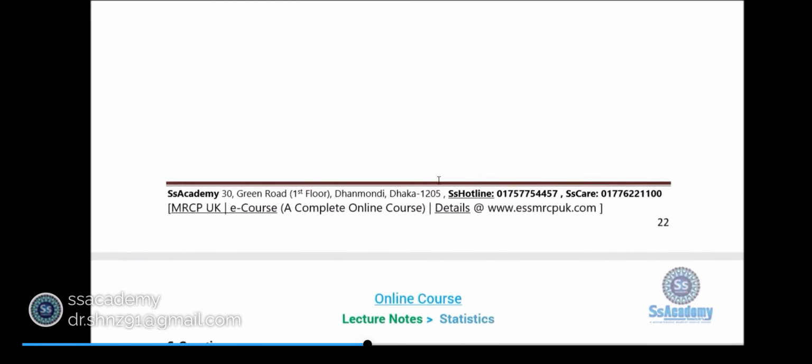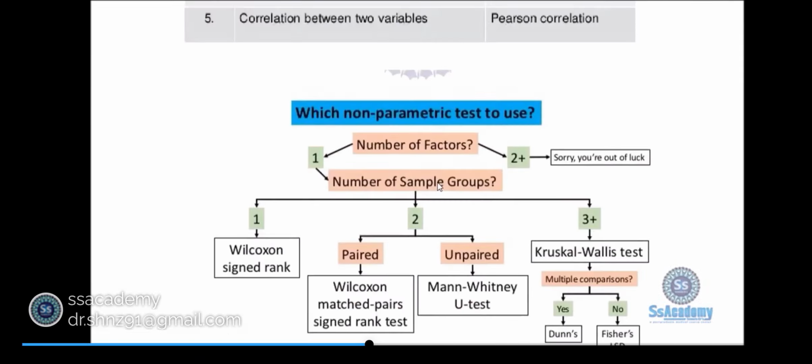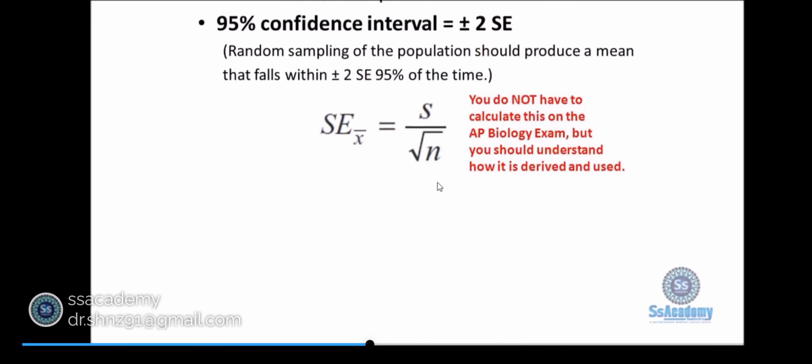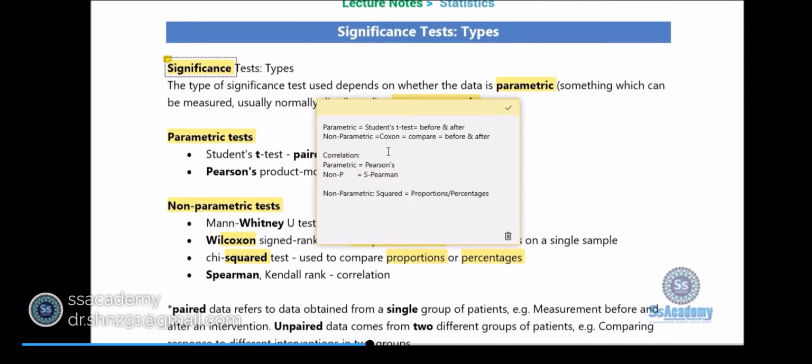So the summary box that we have already made, the parametric: once again, the Student's t-test, before and after. Student's t-test is for a normal distribution, a measured data. And non-parametric, once again, you need to learn the box. This is very important, my dear. Non-parametric, the Wilcoxon compares before and after.